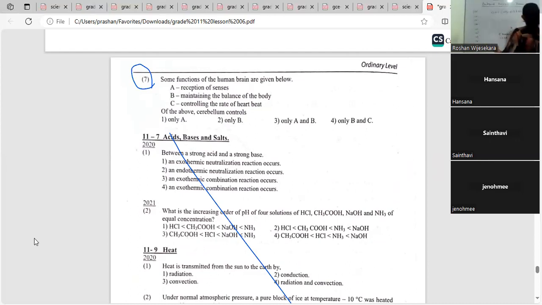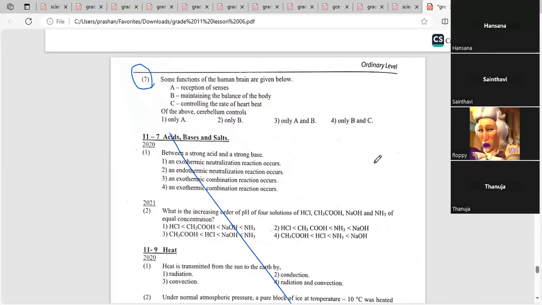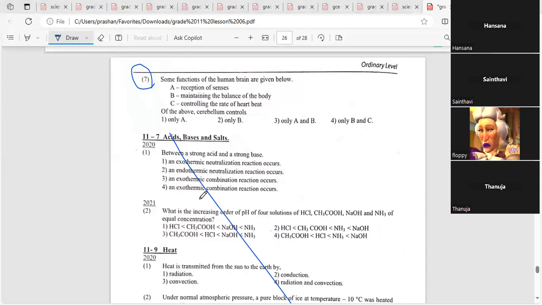Seventh question, 2021 question. Raise your hand when you are finished.